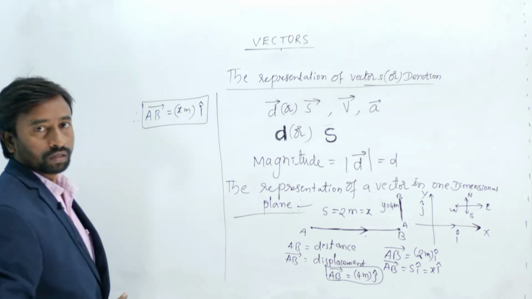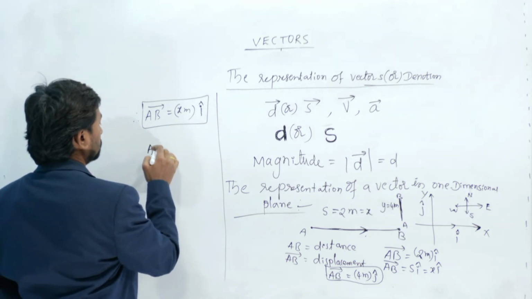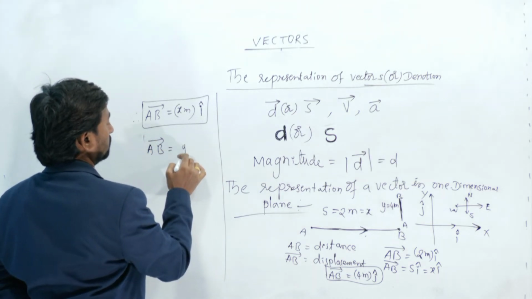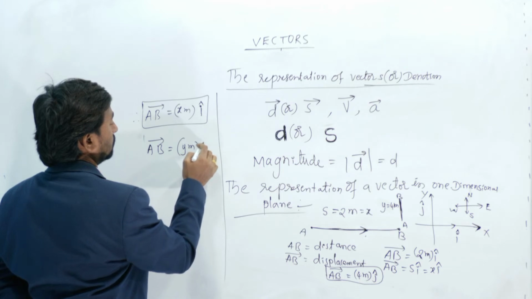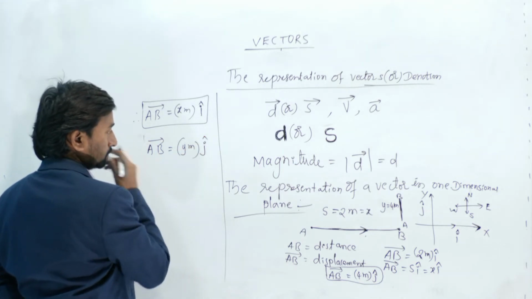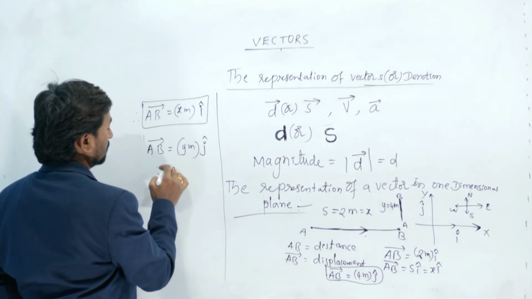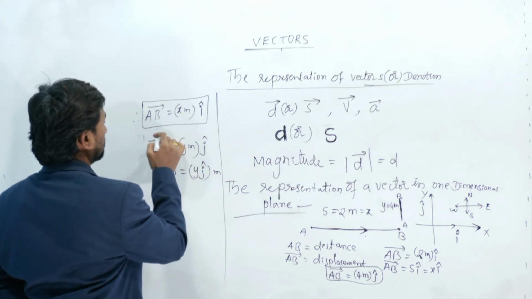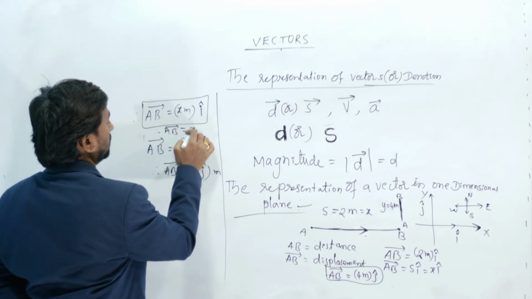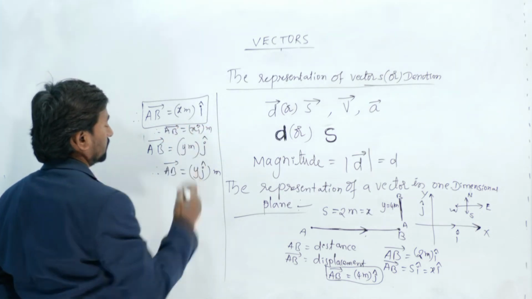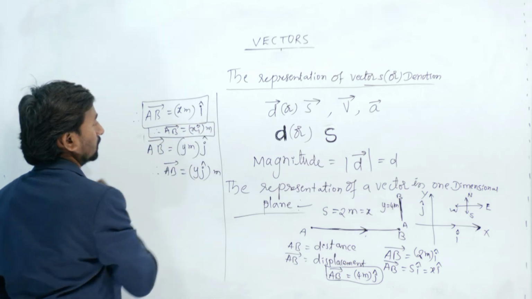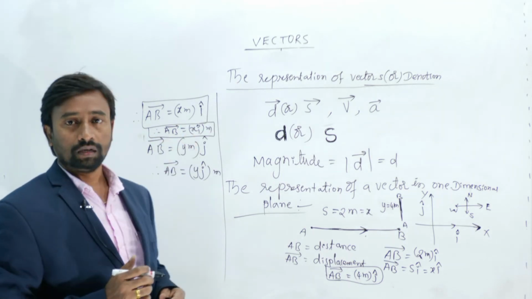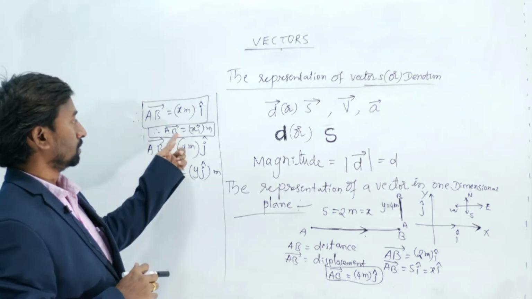Suppose a body is moving along the y axis, say y meters, then this magnitude is multiplied with the unit vector. Therefore AB bar is equal to y j cap meters, and here AB bar is equal to x i cap meters. Like this, we represent a vector in one-dimensional plane.